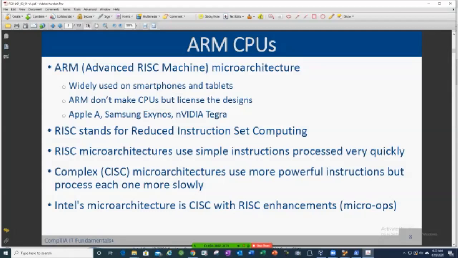These have more powerful instructions, but process each one more slowly. The main thing is that normally PCs, the Intel-compatible computers, use the CISC microarchitecture, while Apple used RISC. That's one important thing to differentiate between these two.